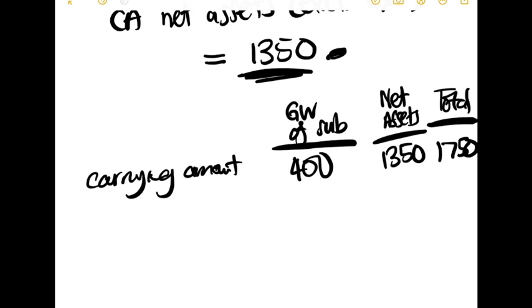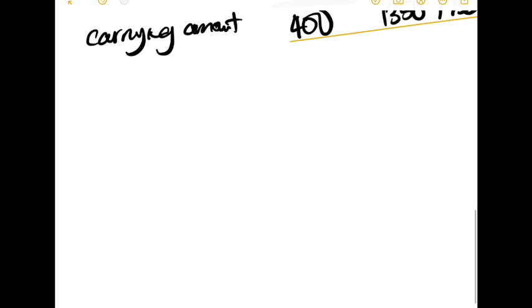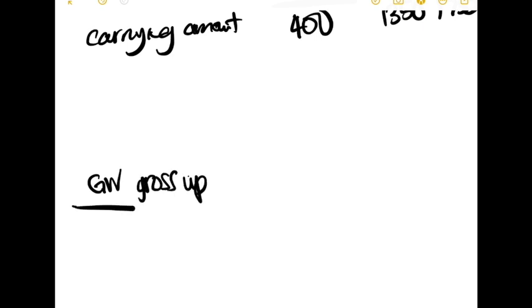goodwill that would be attributed to the 20% non-controlling interest in the subsidiary at the acquisition date. The way we do this is we gross up our goodwill. I'm just going to do the little calculation over here. To gross up our goodwill, we take the goodwill, which is 400, and multiply it by a ratio.